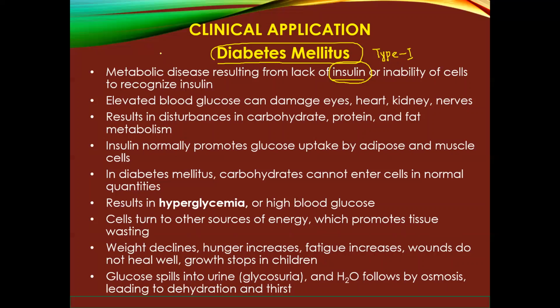Type 2 diabetes is usually caused by the sensitivity of the liver cell becoming lower for the insulin. So usually type 2 diabetes will not require insulin injection, because they are still able to produce insulin, but it is not highly sensitive to the liver cell.